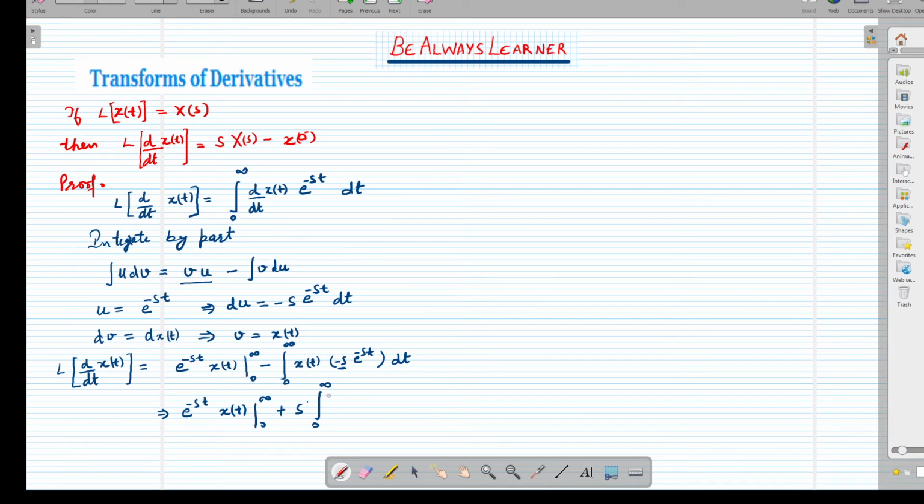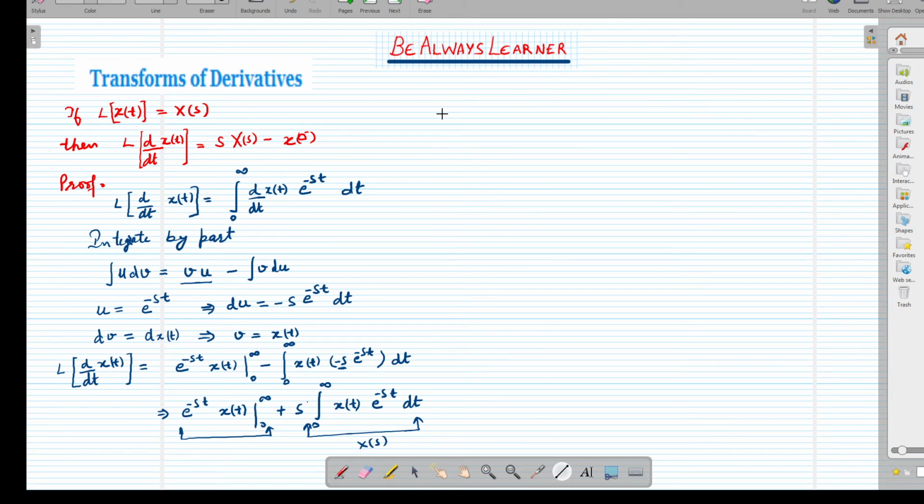This will be the integration from 0 to infinity of x(t) e raised to the power minus st dt. This portion is nothing but X(s), multiplied by s, and the other portion is nothing but the initial condition of x(t).